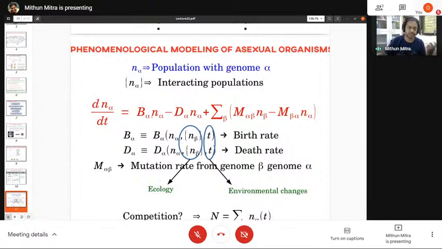Individuals in these populations are born and they die, and these populations interact with one another. By interaction in this case, if you're looking at population level dynamics, these would be mutations. If population 1 differs from population 2 through some genetic mutation, then you could convert from one population to another through this corresponding mutation, and the corresponding rate is given by this mutation rate m alpha beta.